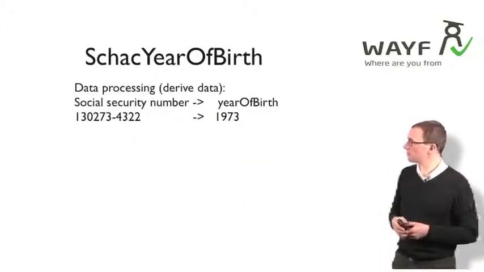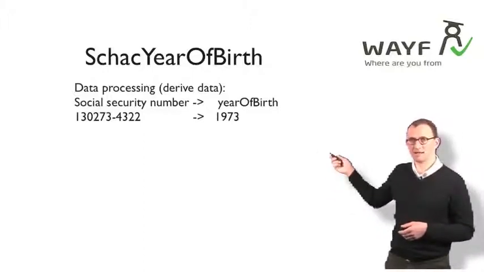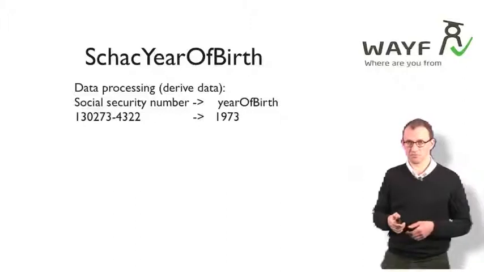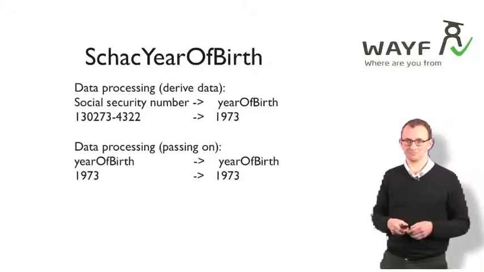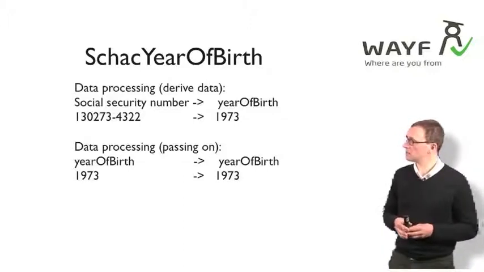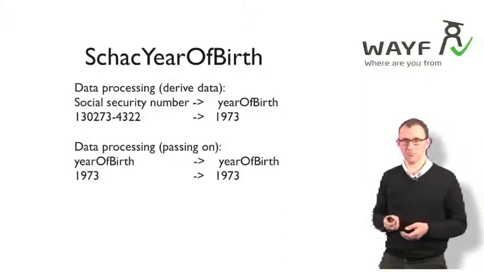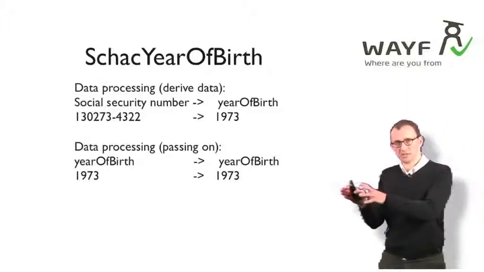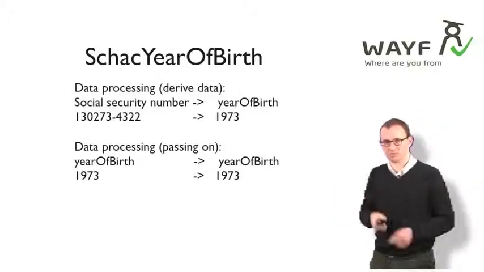The schacYearOfBirth, here you see the social security number and the derived year of birth. Very easy. And you can take another one. You can just pass it on if actually the identity provider sends over year of birth. So we can either look for information in existing attributes and extract details, or we can just pass on.